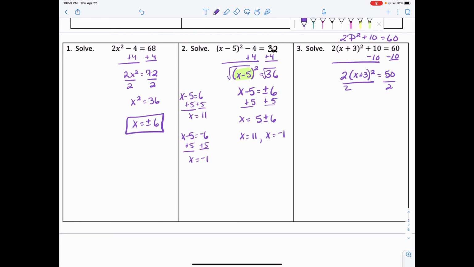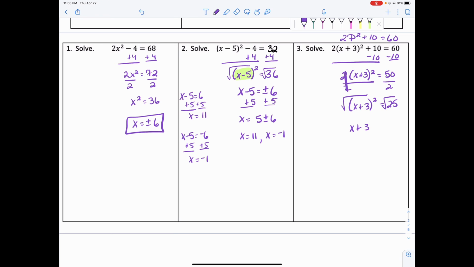And when we do that, right, 2 divided by 2 is 1, so that just leaves us with x plus 3 quantity squared equals 25. And then we're right back where we were in the problem like number 2. Right? You could either think about it as taking the square root of both sides. Square root of x plus 3 squared is just x plus 3.